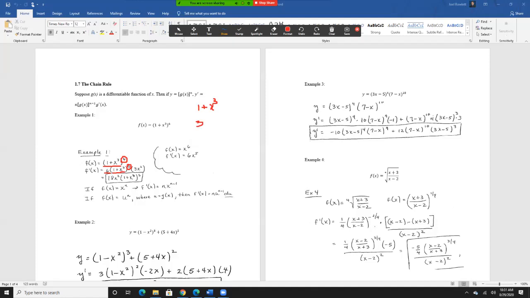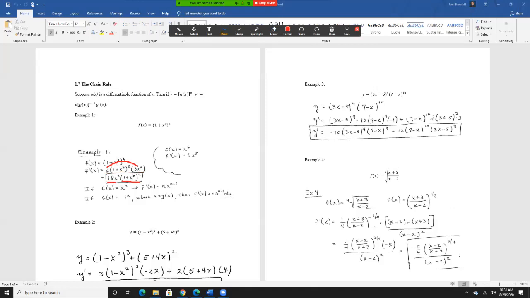Because the derivative of 1, being a constant, is 0, and then the derivative of x cubed is 3x squared. So we have to tack on this derivative of the function here. And next, I'm simply going to simplify. I'm going to multiply 6 times 3x squared, which gives me 18x squared, and then I'm just going to bring down the rest of it.